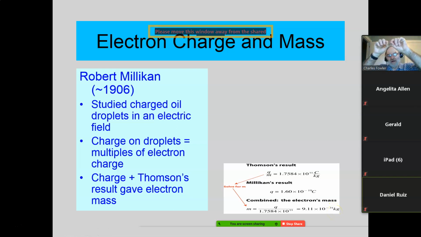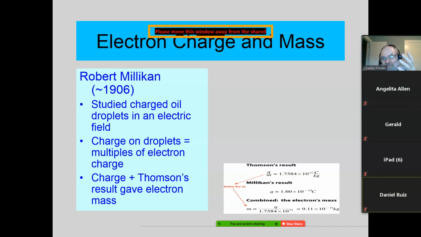It would take me a long time to write 30 zeros there, okay? You would need a 0 point and then 30 zeros before you got to 9.11, 911, okay? That's an incredibly small mass. No wonder no one's ever put one of those on the scale.